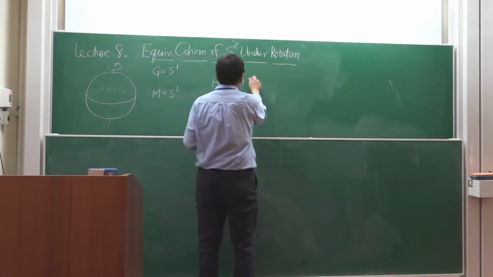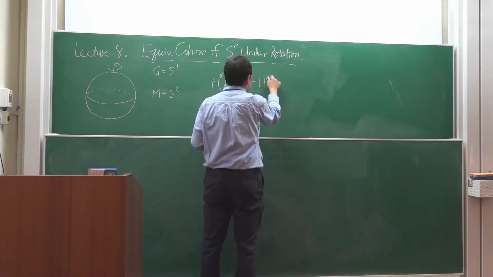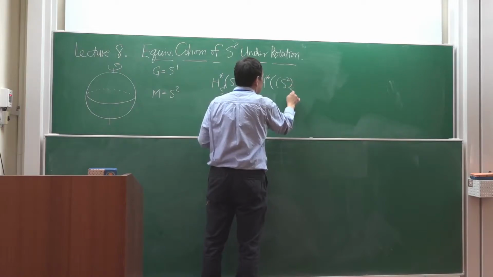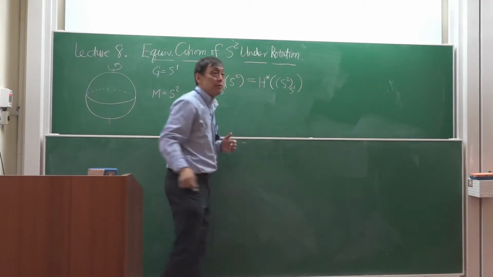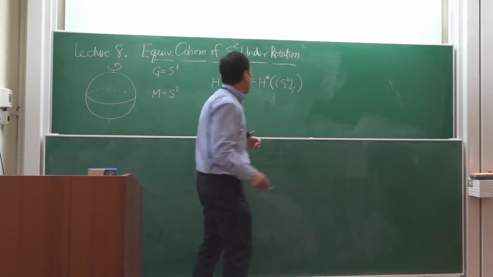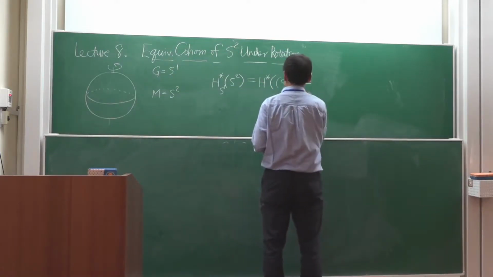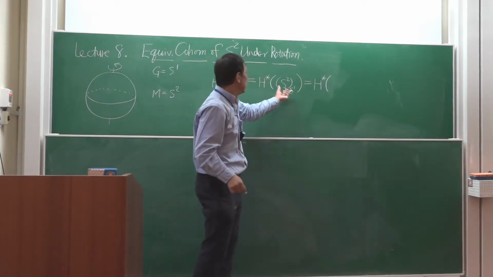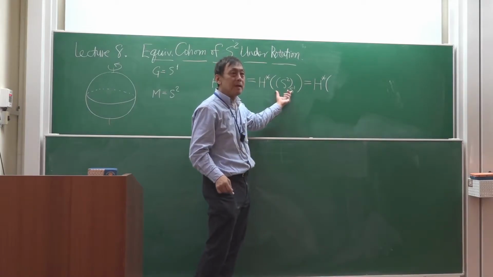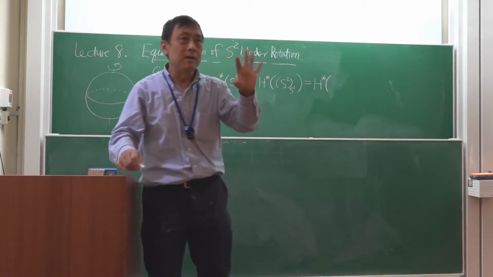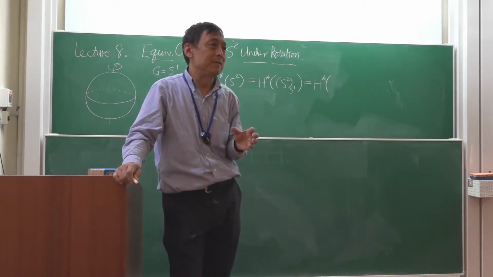And this, by definition, is the cohomology of the homotopy quotient S2 by S1. Now, what's the definition of the homotopy quotient? How do you construct a homotopy quotient?